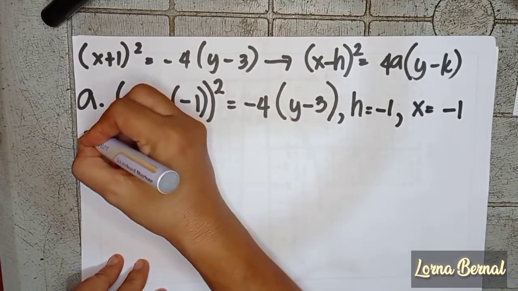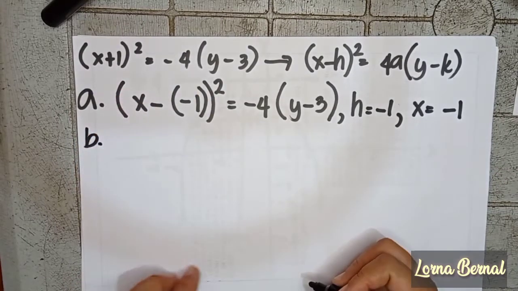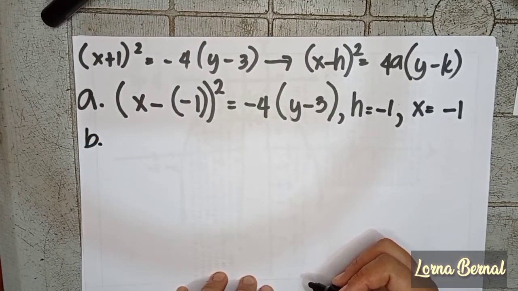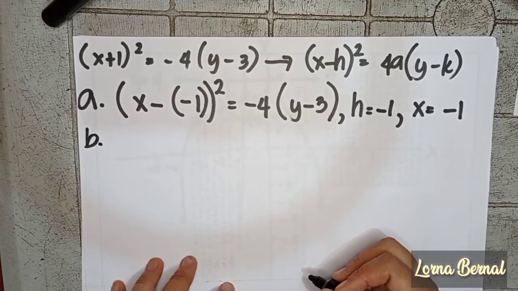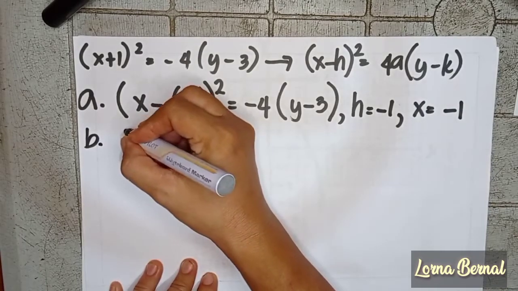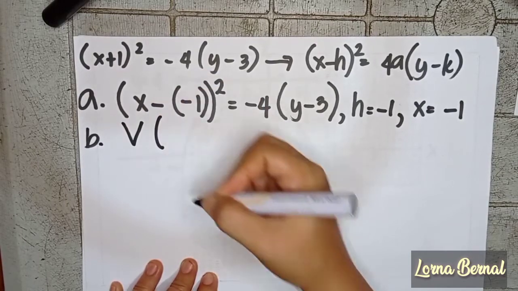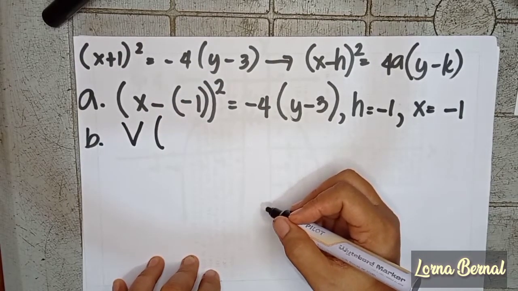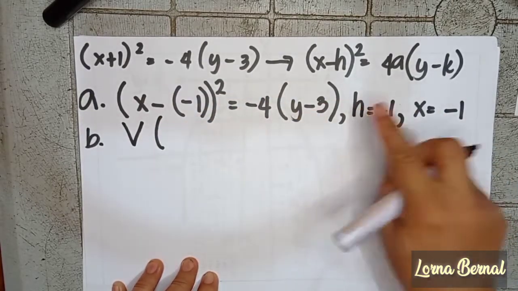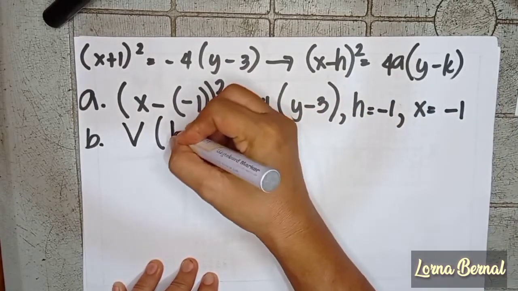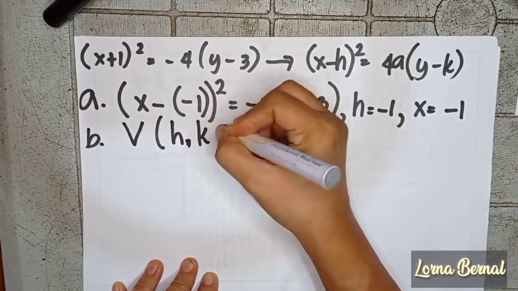The next one is the vertex. How are we going to get the vertex? The coordinates of the vertex are (h, k).